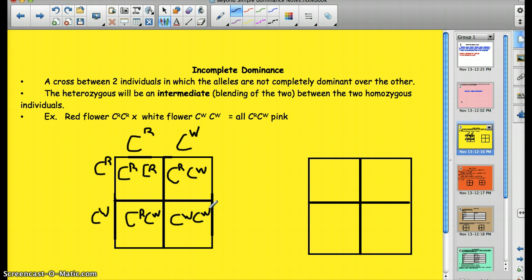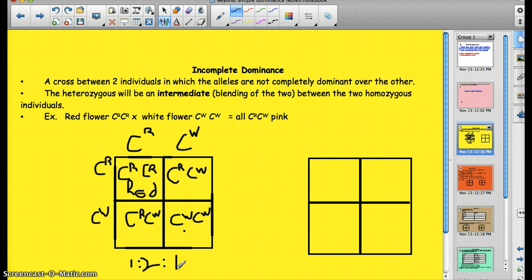Okay, so when I ask for the phenotypic ratio of this one, this is going to be one red. Okay, so this one's going to be red. I got two pink, and then this one is going to be white. So I've got a 1 to 2 to 1 ratio.